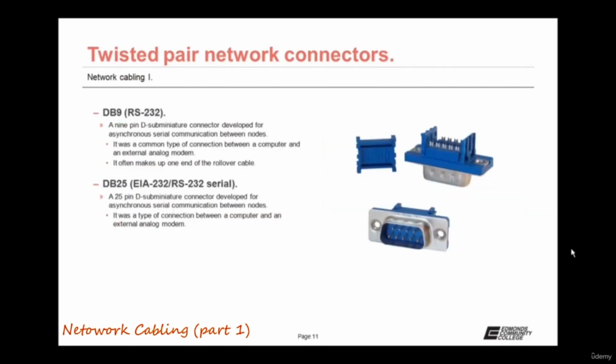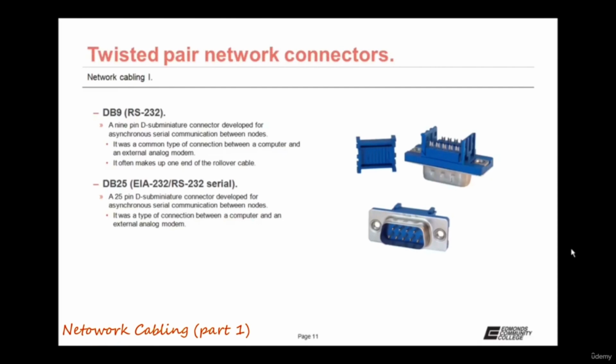I mentioned the DB9 or RS232 connector earlier. Well, here we go. It is a 9-pin D-subminiature connector developed for asynchronous serial communication between nodes. It was a common type of connector between a computer and an external modem. And as I said earlier, it often makes up one end of the rollover cable.